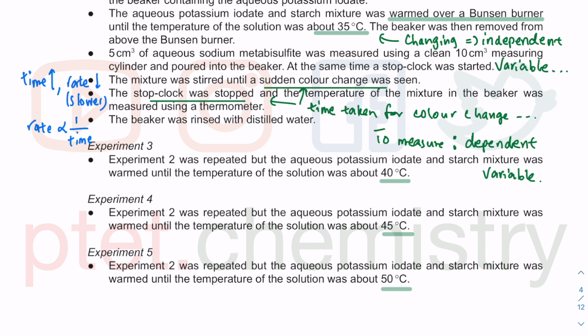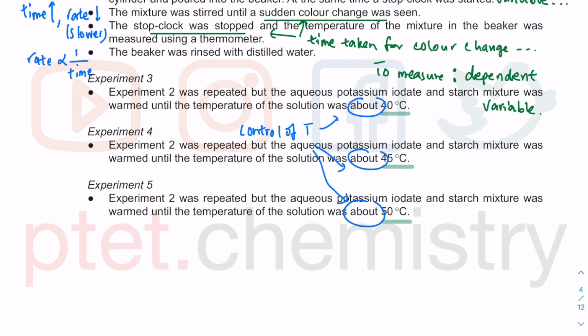The thing is, if you read the question, this is about control of temperature not being precise. It's quite difficult if you're just warming it up with a Bunsen burner. So something you could have done, in order to have better control of temperature, is to use a thermostatic water bath.